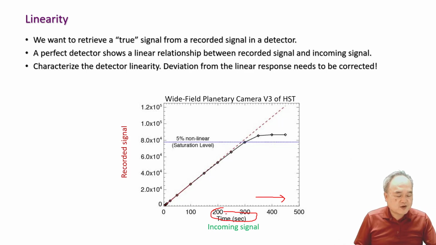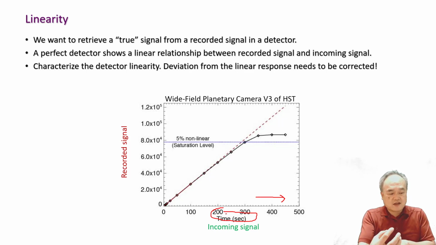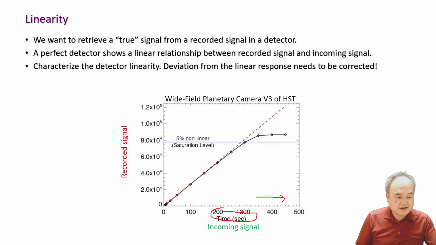I think a simpler way to measure is by observing a constant brightness object, but changing the observation length or duration. That way we can calculate increasing incoming signal strength. So this is why the horizontal axis is expressed in terms of time.